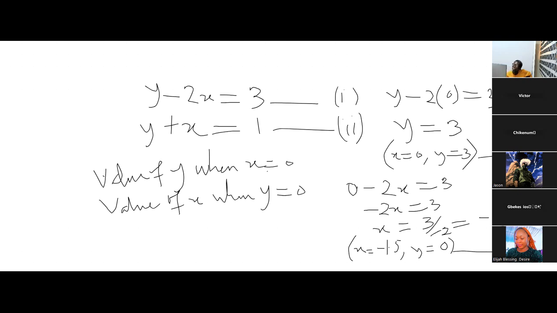Let me note our equations down: y minus 2x is equal to 3 and y plus x is equal to 1.